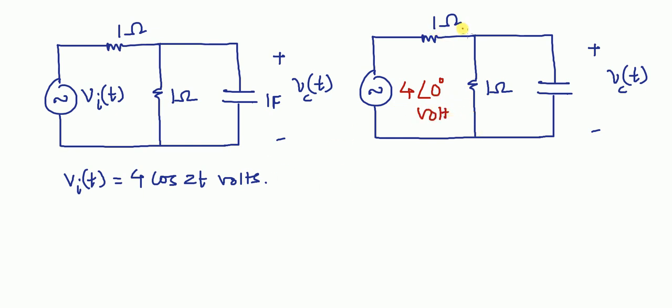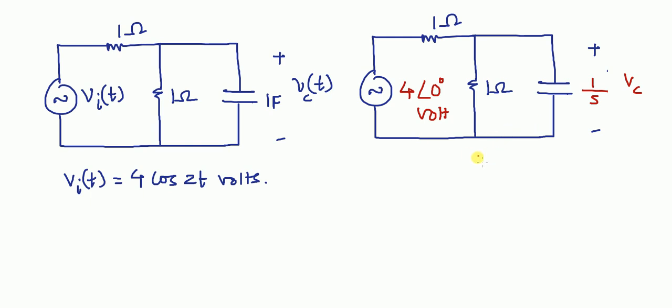Laplace transform of 1 ohm is 1 ohm. For this also it is 1 ohm. For capacitor of 1 farad, Laplace transform is 1 by Cs, and C is 1, so Laplace transform is 1 by s. And voltage across capacitor in Phasor form is Vc.